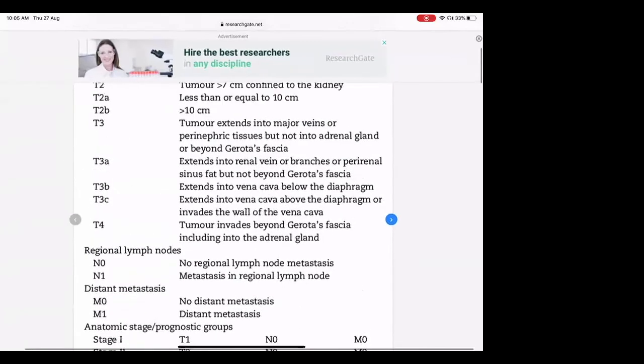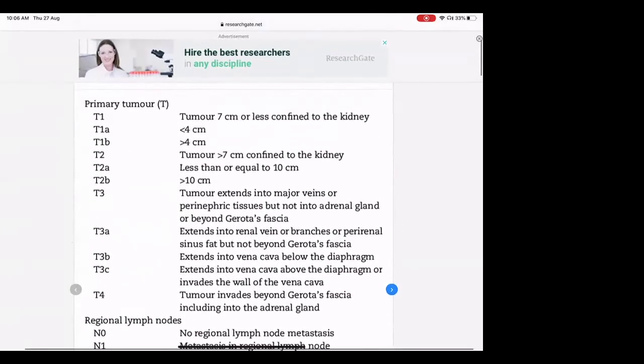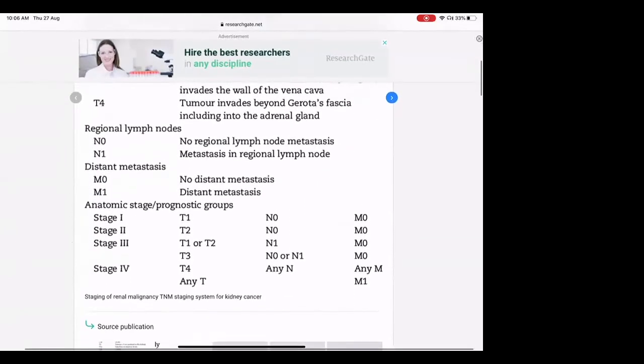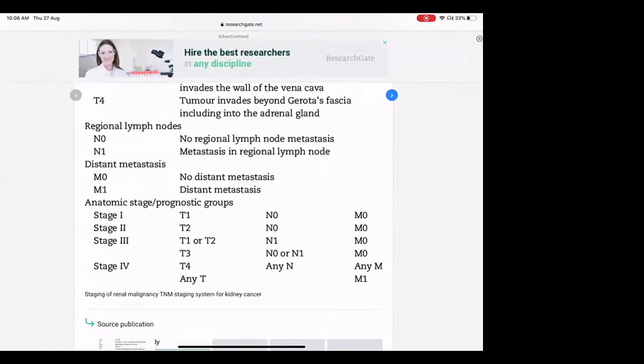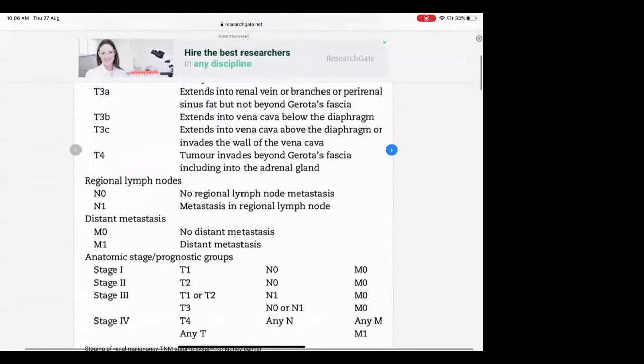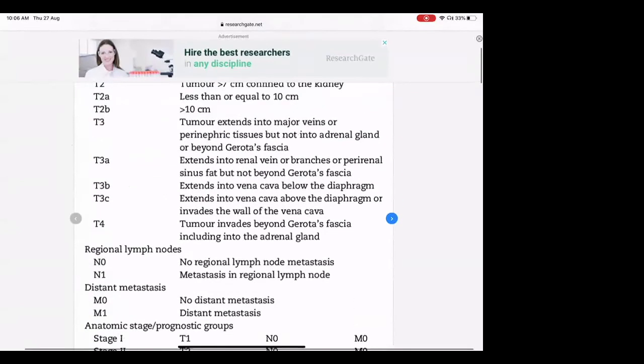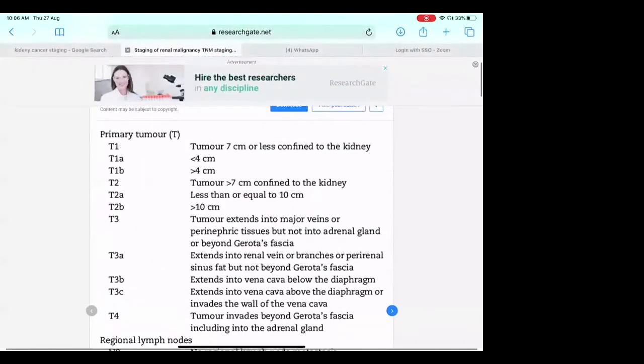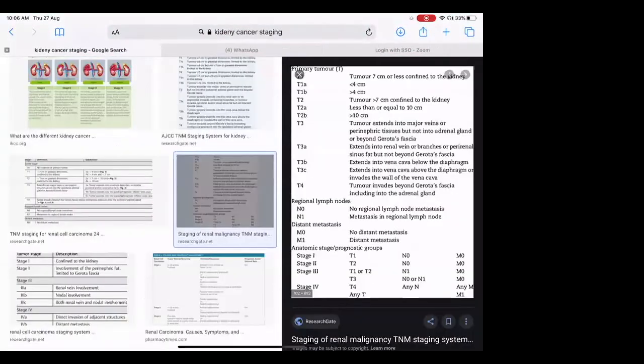There are so many T's, so many ways of arranging N's, and so many ways of M. Each cancer is different. The staging size for each cancer is different.